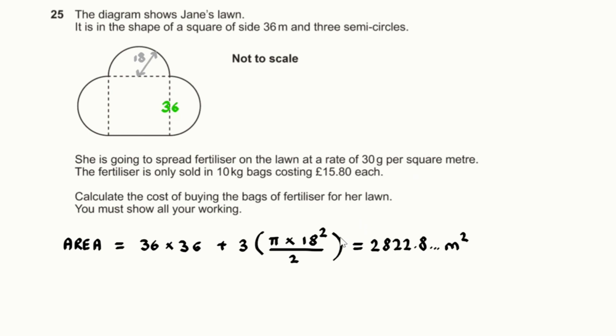So what we can do with this is find out how many grams of fertilizer she requires. For the fertilizer, we've got 30 grams per meter squared multiplied by 2822.8 etc. meters squared.